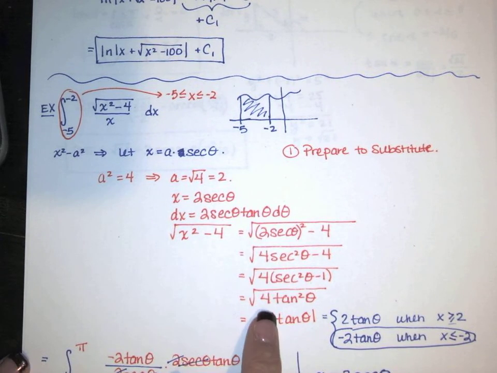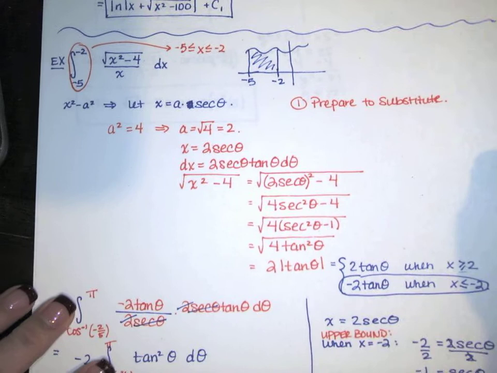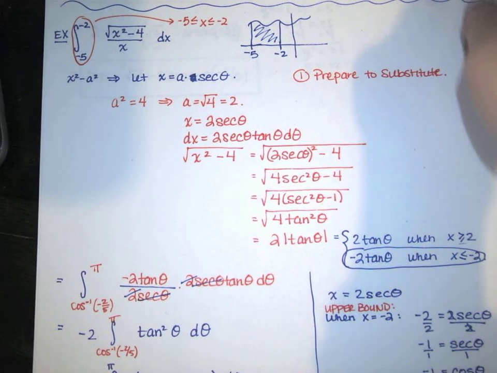Now this is always going to be a times the absolute value of tangent, but the absolute value of tangent may or may not be positive tangent. It's positive tangent when x is greater than or equal to a. It's negative tangent when x is less than or equal to a.